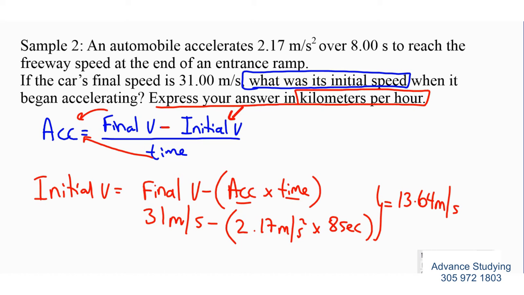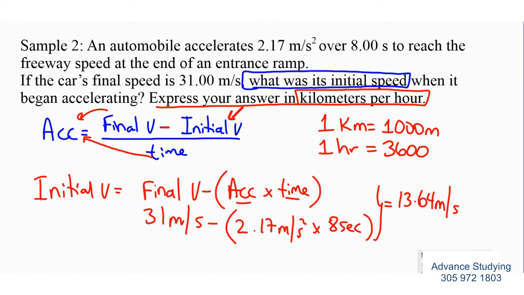So I need to make another conversion. I know that 1 kilometer equals 1,000 meters, and I know that 1 hour equals 3,600 seconds.